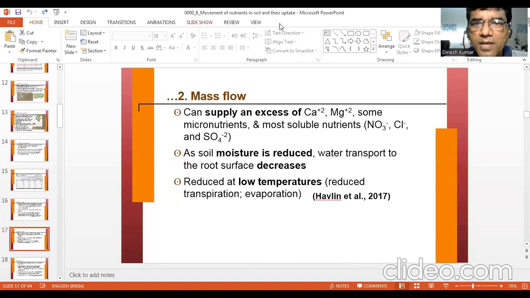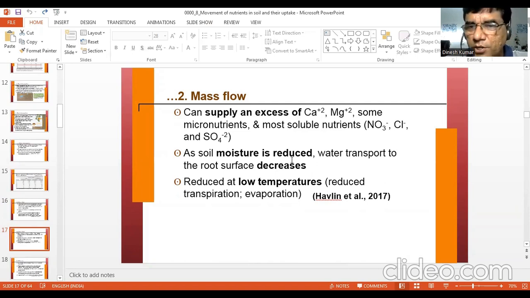Now, mass flow can supply an excess of calcium, magnesium, some micronutrients, and most soluble nutrients. You have already seen some micronutrients and most soluble nutrients like nitrate, chloride, and sulfate.